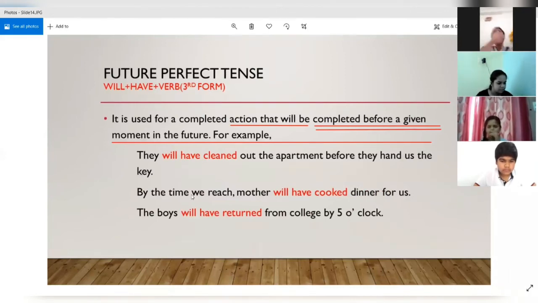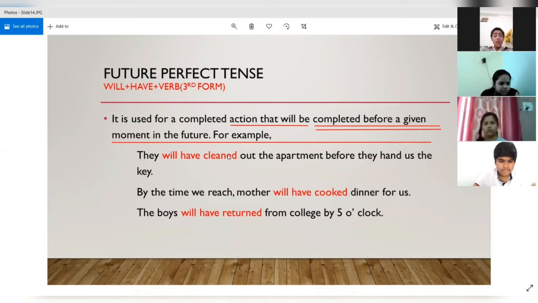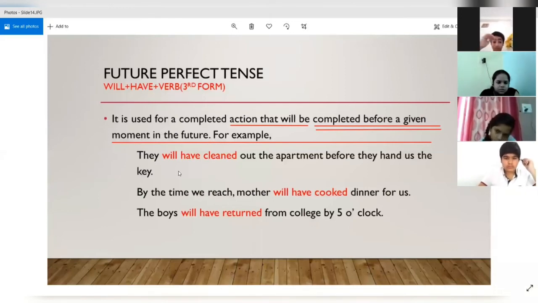By the time we reached, mother will have cooked. So the cooking process was already over. And in the first example also, before they hand us the key was the stated time, and before that the cleaning process was already complete.